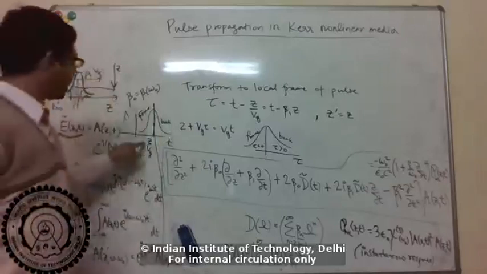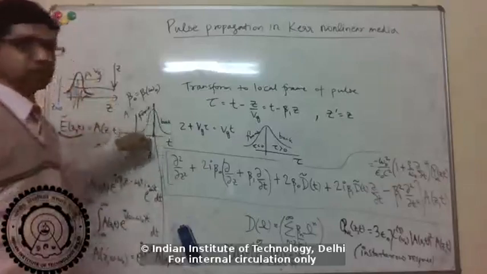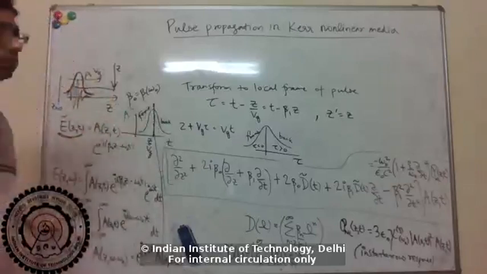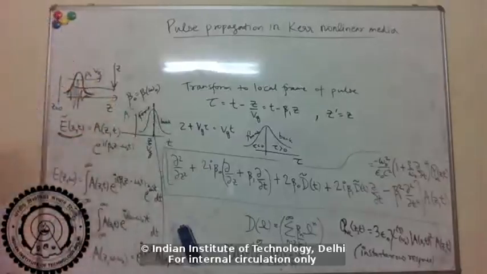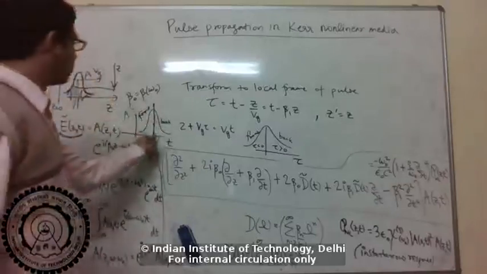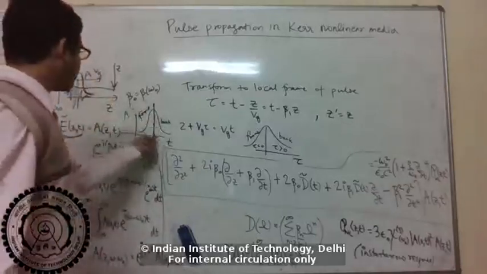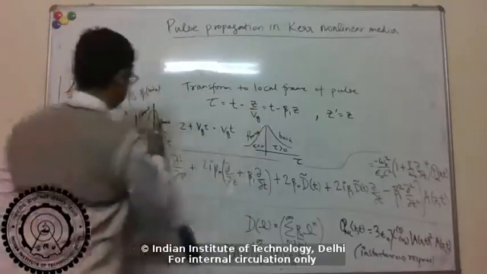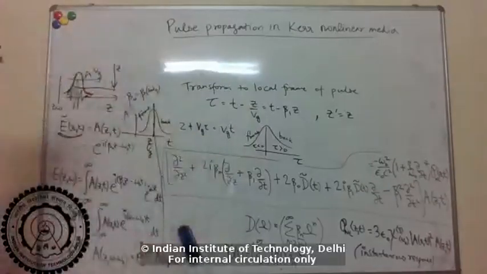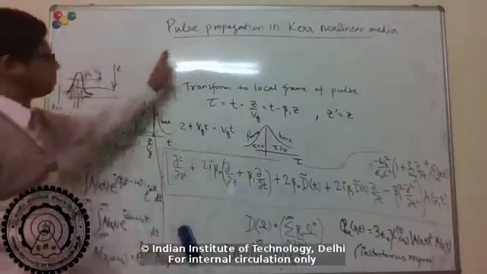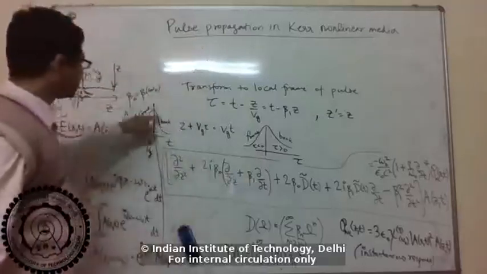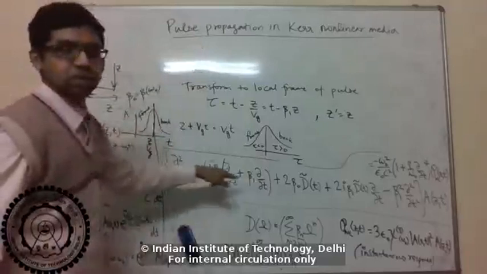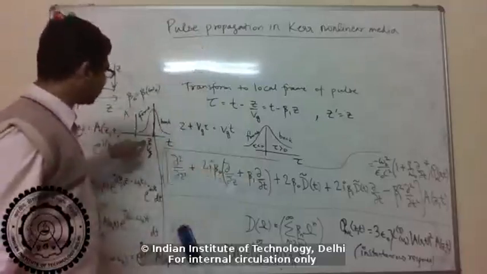Then I'll get the peak at a time Z over Vg. So basically I want to center my time coordinate, so I subtract Z by Vg. Depending on where I am, I will get this peak at different times, because the peak occurs at Z over Vg.